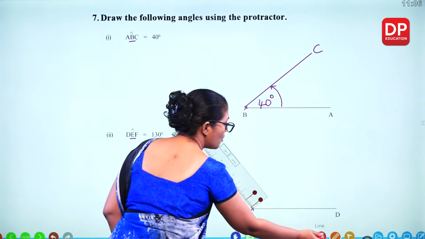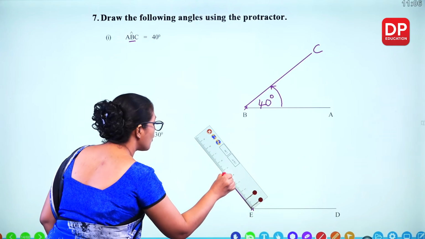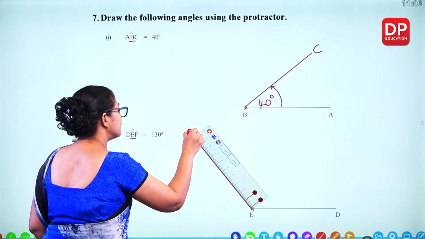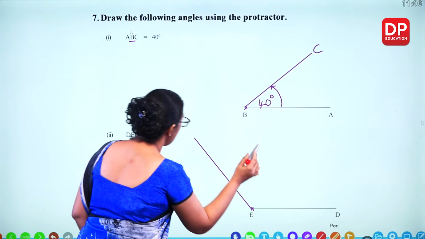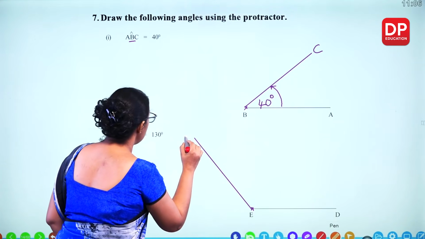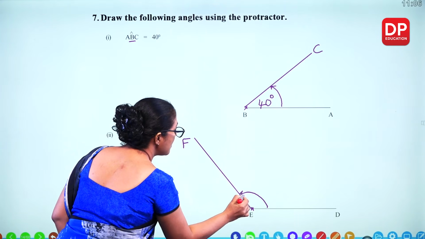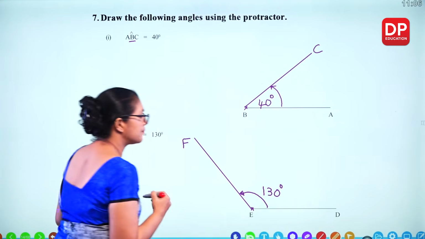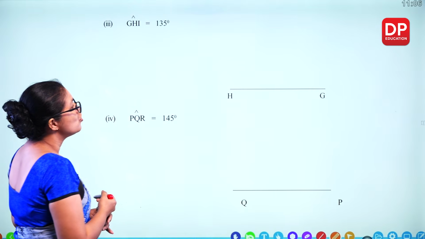And now take the pen and draw the line. So that's what's the angle? DEF angle. This angle is 130 degrees. GHI is 135.